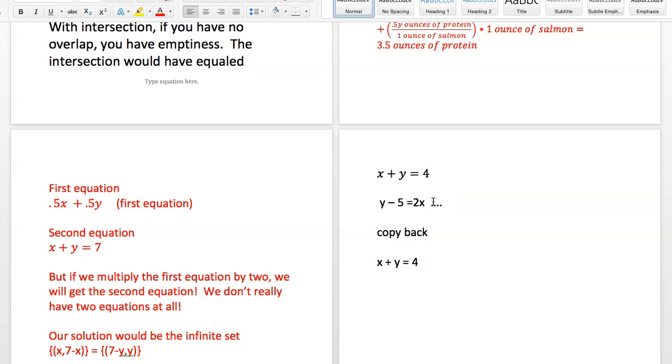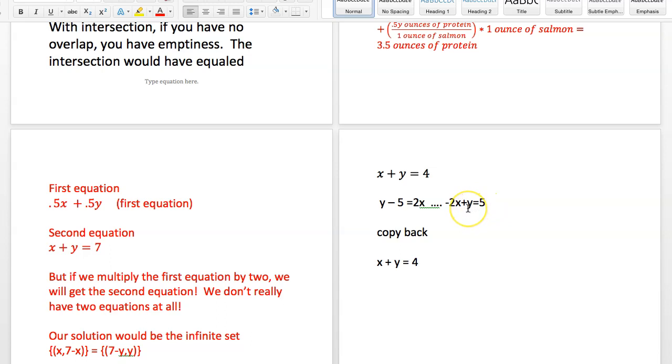I move the 2x across and I get negative 2x. I leave the y over here, and I move the 5 over here. I jump the equal sign, right? So 2x jumps across and becomes neg 2x. Now y stays here, and I get plus y, and then the neg 5 jumps across, and I get positive 5.